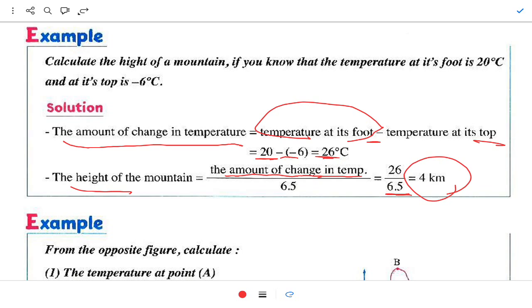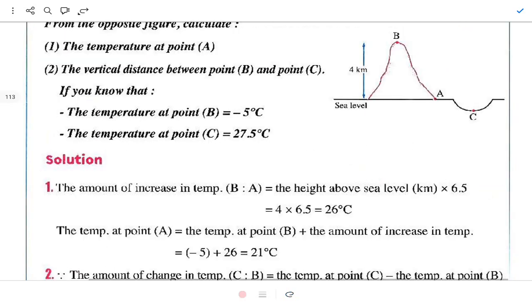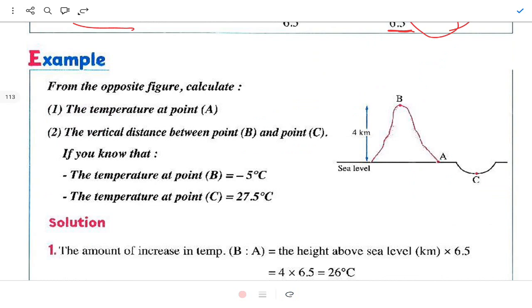And the last question in our session says that from the opposite figure, calculate the temperature at point A, the vertical distance between point P and point C. Here this is the distance, so we want to calculate this, the vertical distance. 4 kilometers equals this distance.